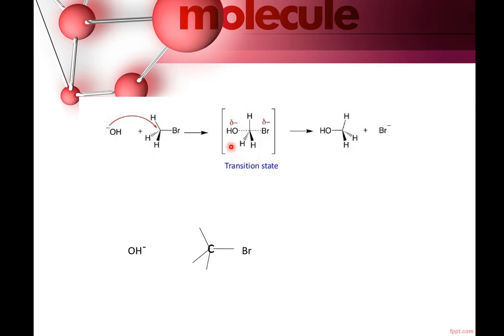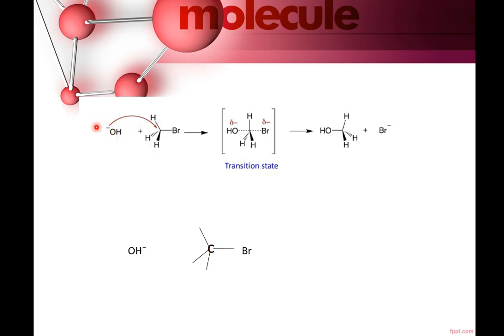It cannot be isolated. The bond between OH and carbon is being formed, and between Br and carbon is being weakened. Then the OH is formed and Br goes out. Here it is like an umbrella. This is the umbrella and this is the handle of the umbrella.